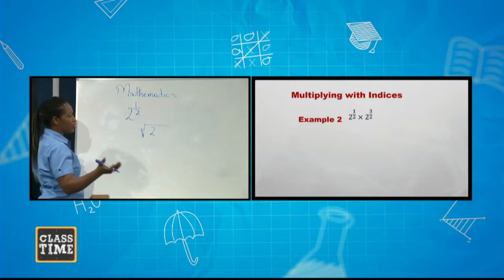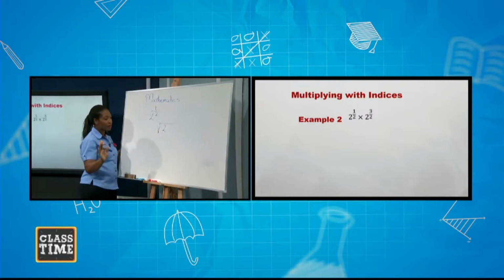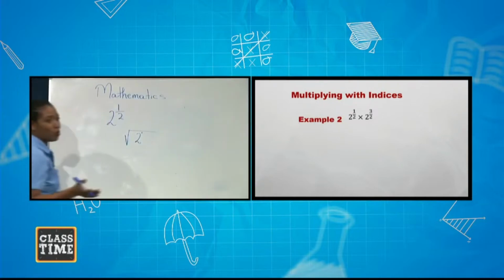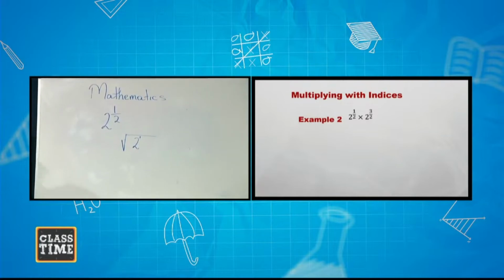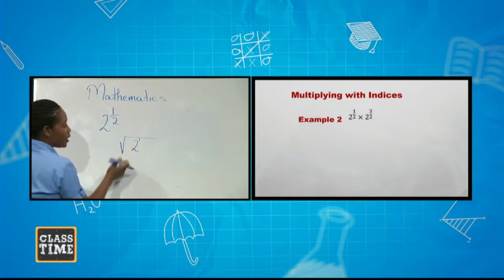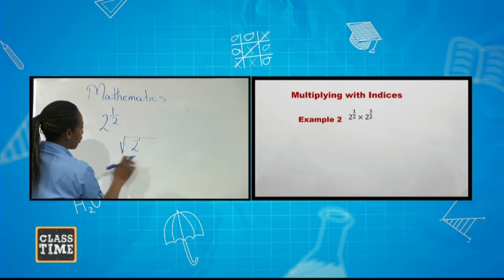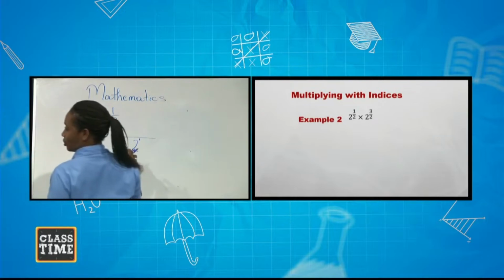This sign already says square, so there is no need to put a 2 in the square root. And the power for the base would be 1. We don't write the 1, though you can, but it's not necessary. So we're finding the square root of 2, correct?